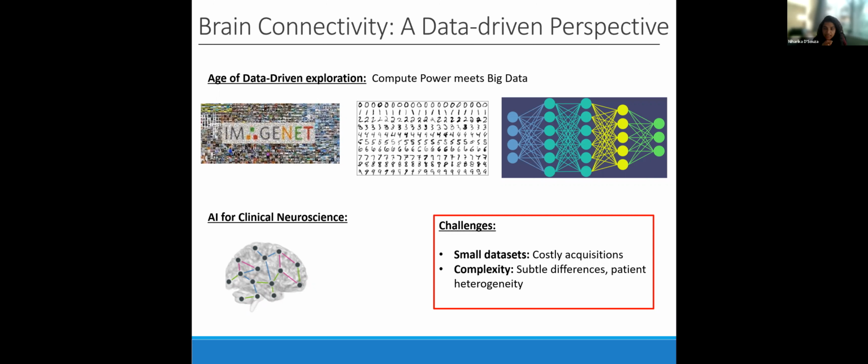As a result, clinical studies remain modest in terms of dataset size. To summarize, there is often a lot of heterogeneity within patients, which many models fail to capture. So it is imperative to develop frameworks that can effectively tease apart individual differences from this data. And this is where my work comes in.